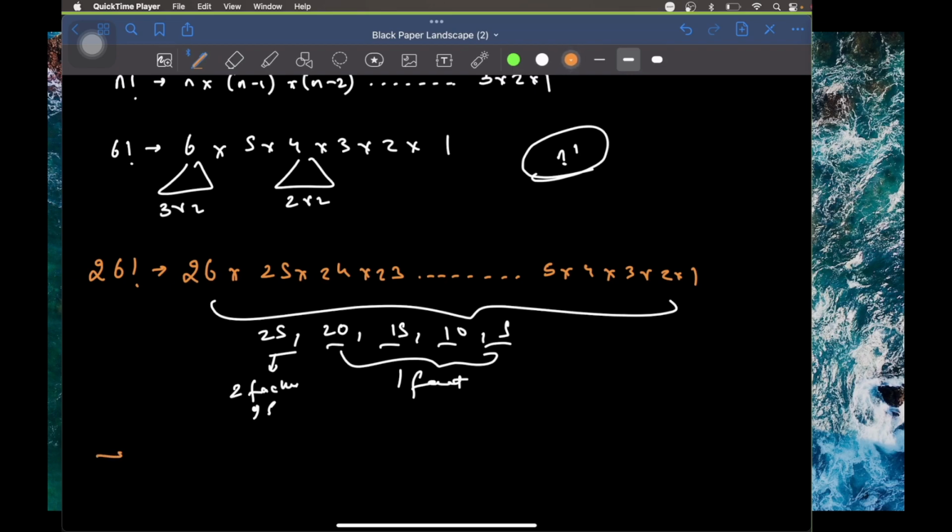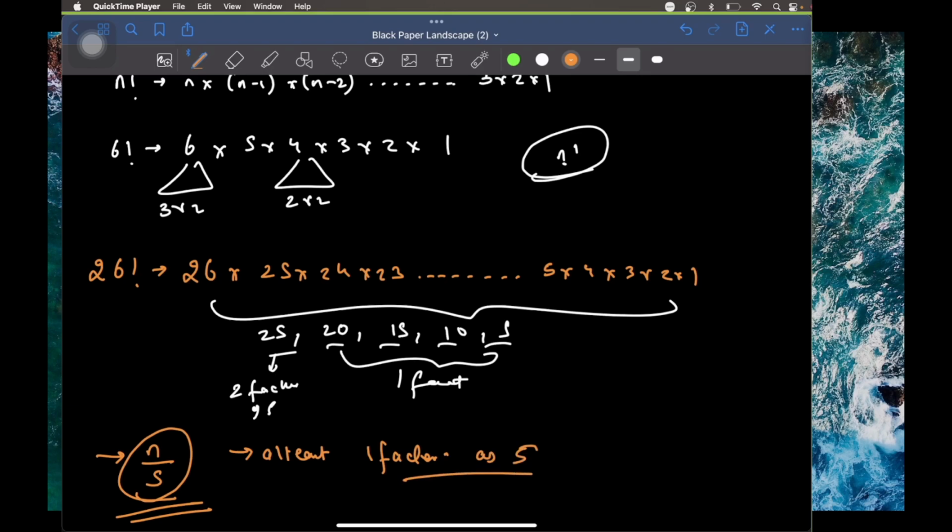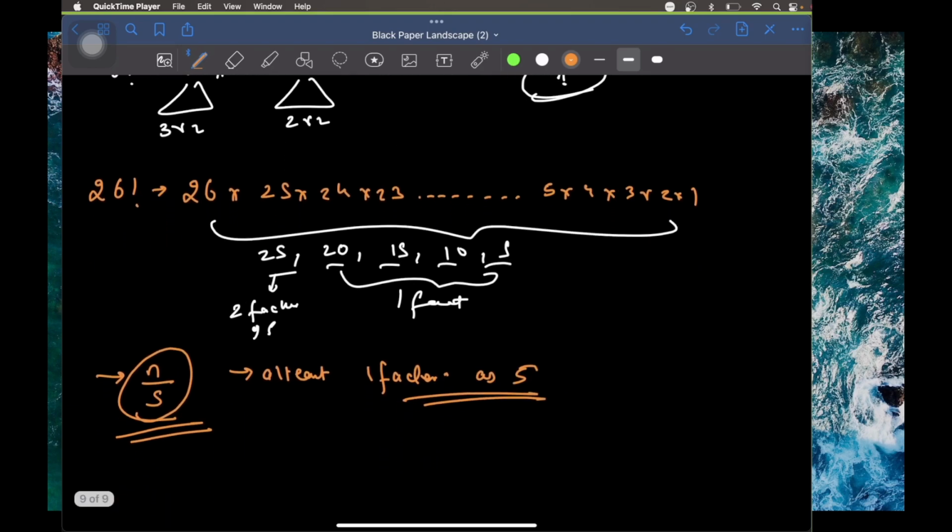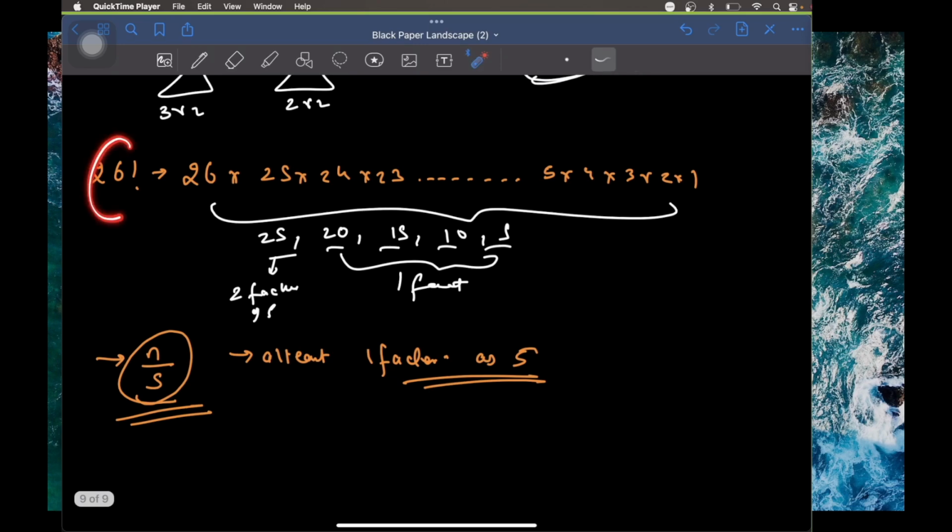Can I say there will be only n by 5 numbers which will be having at least one factor as 5? Okay, cool. But do you think in 26 factorial we can only make 5 pairs of 5 into 2? No, we can actually make 6 pairs of 5 into 2.